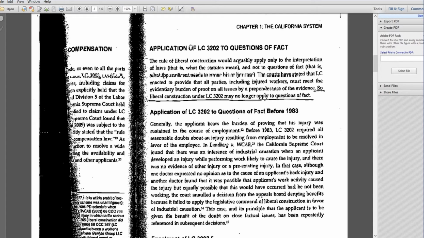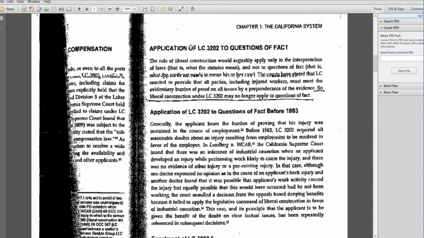The courts have stated that Labor Code 3202 was enacted to provide that all parties, including injured workers, must meet the evidentiary burden of proof on all issues by a preponderance of the evidence. So liberal construction under Labor Code 3202 may no longer apply to questions of fact.